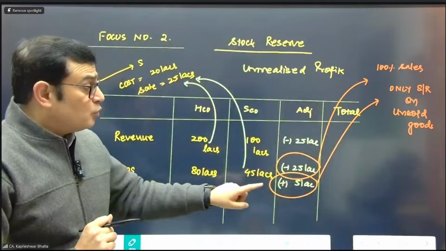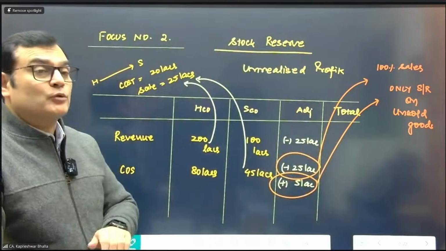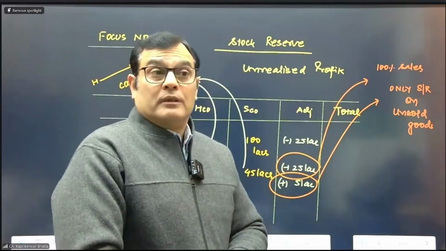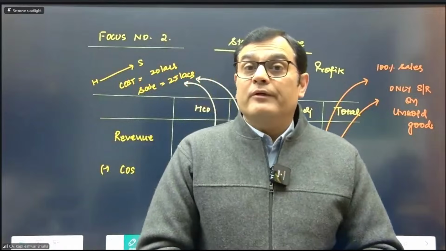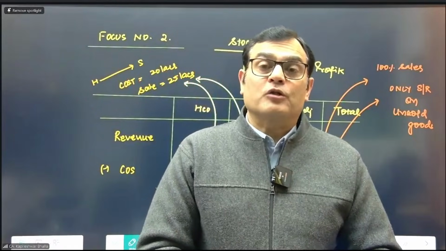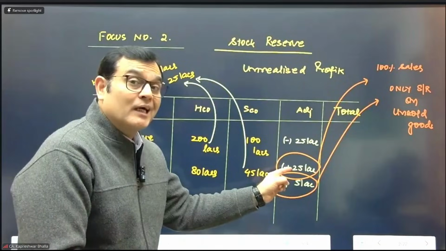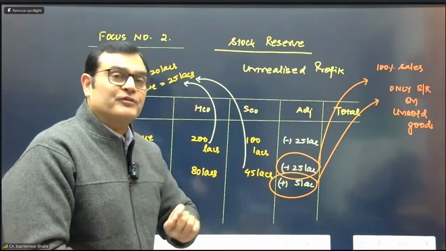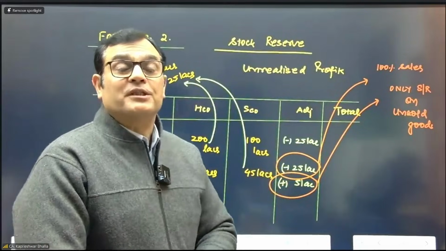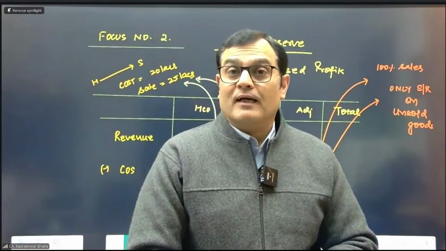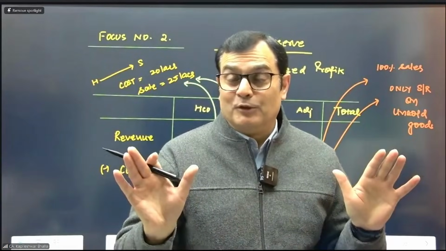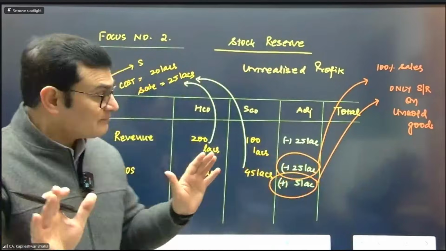So if 50% of goods were unsold, I would have added only 2.5. So never consider that I will reduce the cost of the goods from the cost of sale. No, I will reduce the sales value 100%, and add the profit element only on the goods which are yet unsold. I hope, friends, I stand clear on my thoughts.